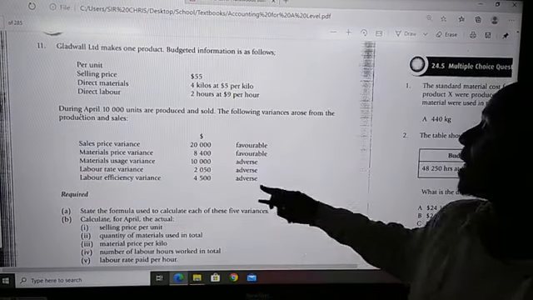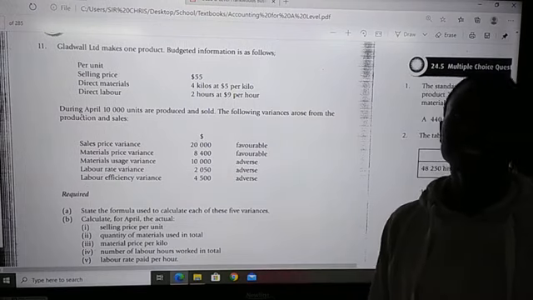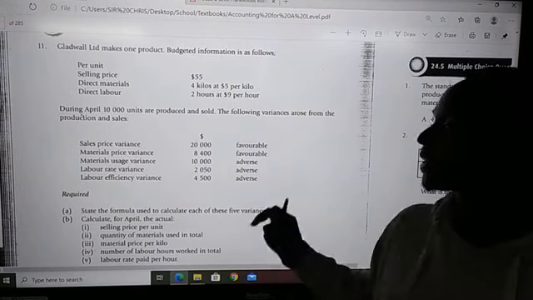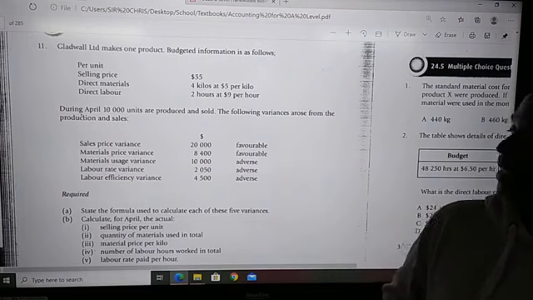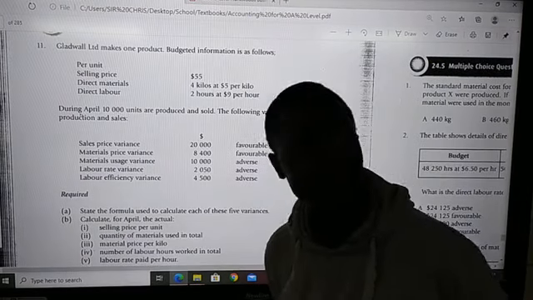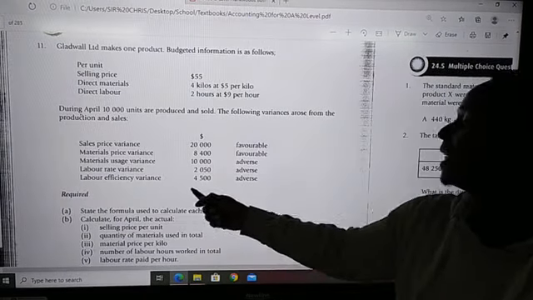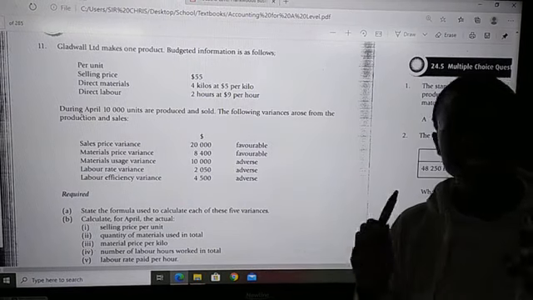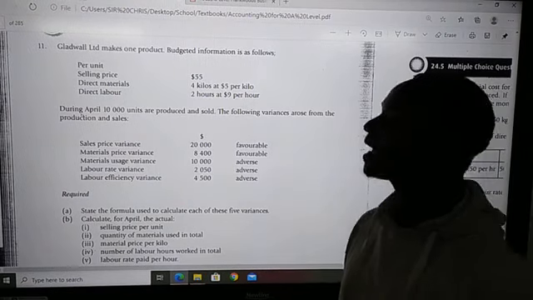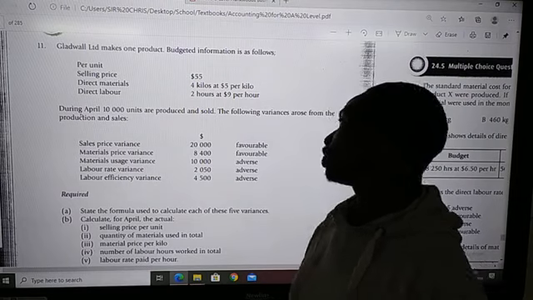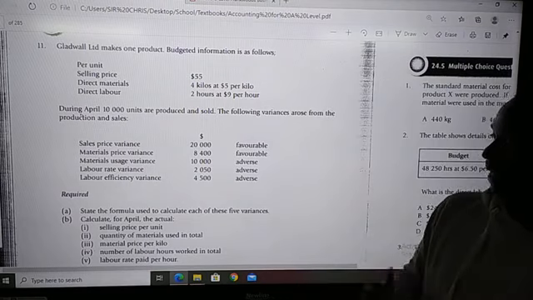Then labor rate variance, which is standard rate minus actual rate, all multiplied by the actual hours. Lastly, labor efficiency: standard hours minus actual hours, all multiplied by the standard rate.